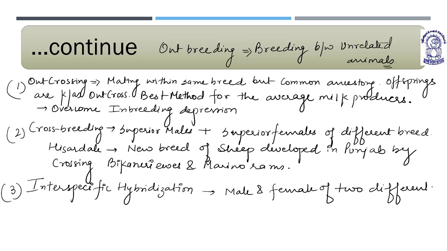Example: a mule is produced from a cross between a female horse and a male donkey.